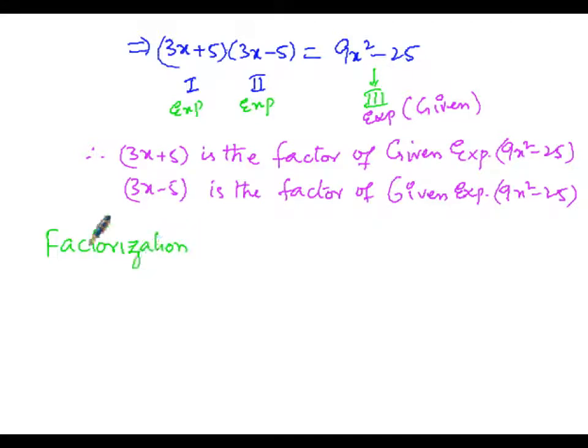So, here we are going to discuss the process by which a given expression is divided, or written as the product of two or more factors, which is called factorization.